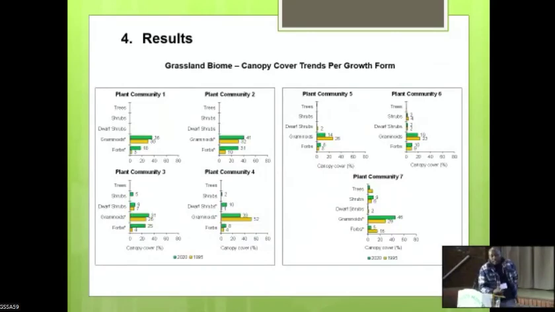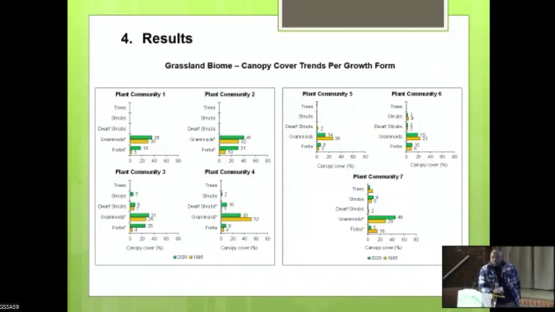So this is canopy cover trends per growth form per community. As you can see in the upstream communities, plant community 1, 2, and 3, there's an increase in the herbaceous layer, your gramineae and forbs, and they increased significantly.